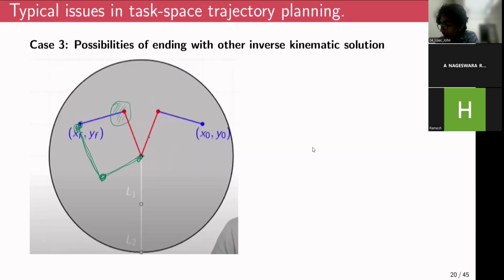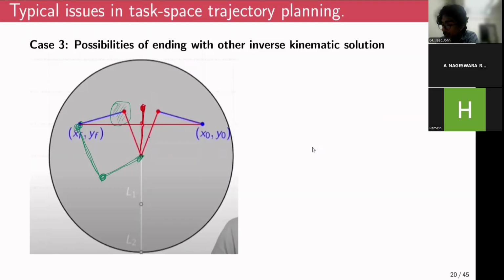For example, if you try to have a straight line over here, somewhere around the middle the robot will have a singularity. At this point, the robot would be fully folded. So from here to here, it will be in one configuration.